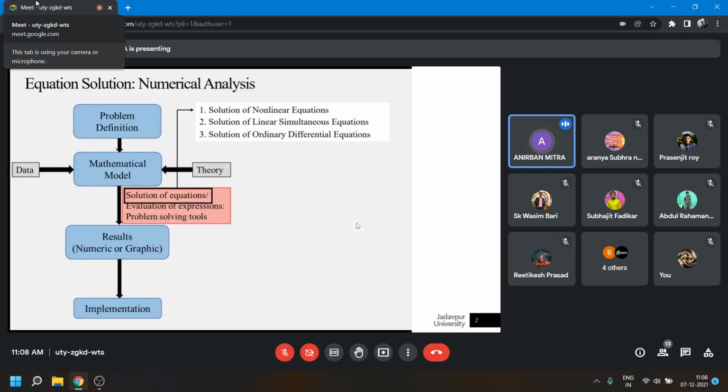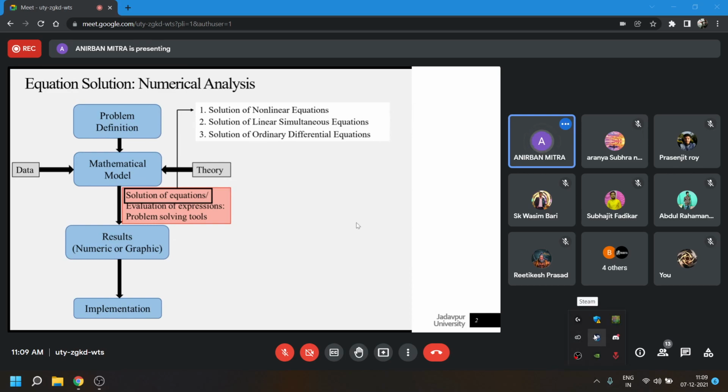Our starting point for today's lecture is this familiar flow diagram, which has been discussed quite a lot throughout this course. We have come to know that the utility of numerical methods is in the phase where we have already got the mathematical model and are trying to solve those abstract models.